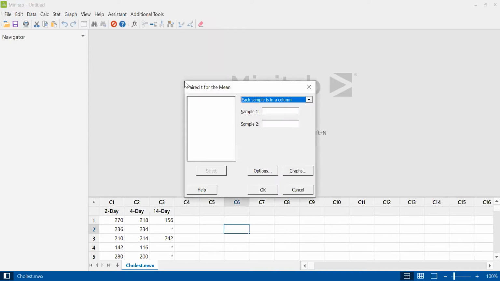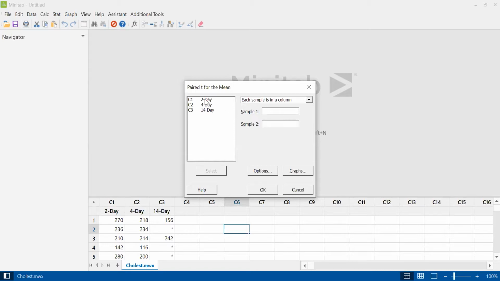Now I need to know, how do I have my data, right? This is always a big deal. I have to know, is each sample in its own column, or do I have summarized data? That would mean that I have a column with the differences, okay? And I don't have that. I have each sample in its own column. Remember, sample 1 is going to be group 1, and the order of subtraction matters.